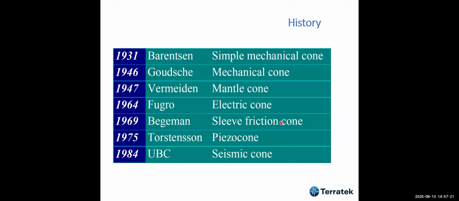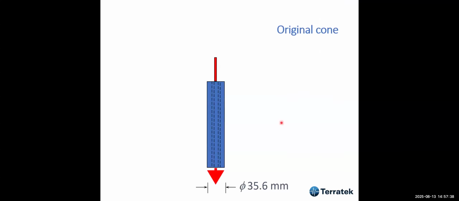That's the first cone I have seen in my life. Later on, Torstensson from Sweden developed the piezocone, and UBC developed the seismic cone, which I also used and analyzed some results that I'm going to show you. UBC, at the University of British Columbia.